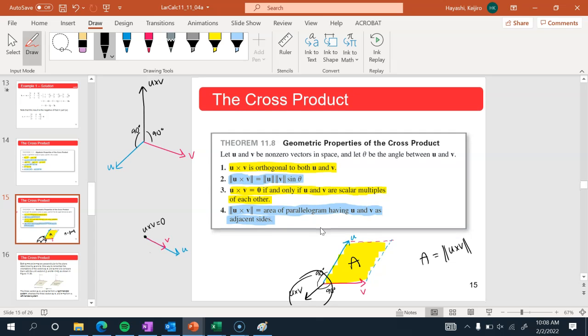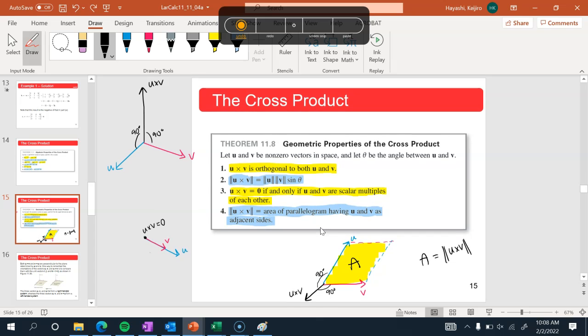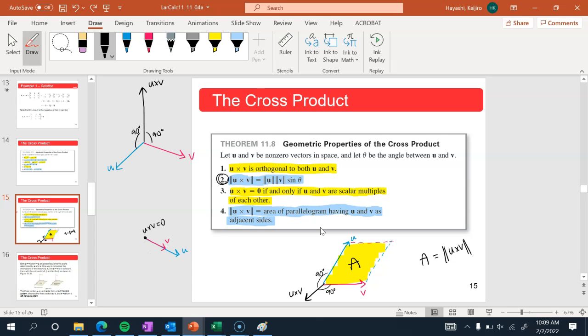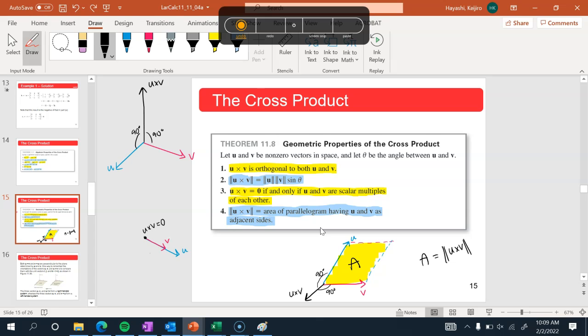The magnitude of this is going to give the area of this parallelogram. And that actually follows from the second property, where the magnitude of the cross product is equal to the magnitude of u times the magnitude of v times the sine of the angle between them.